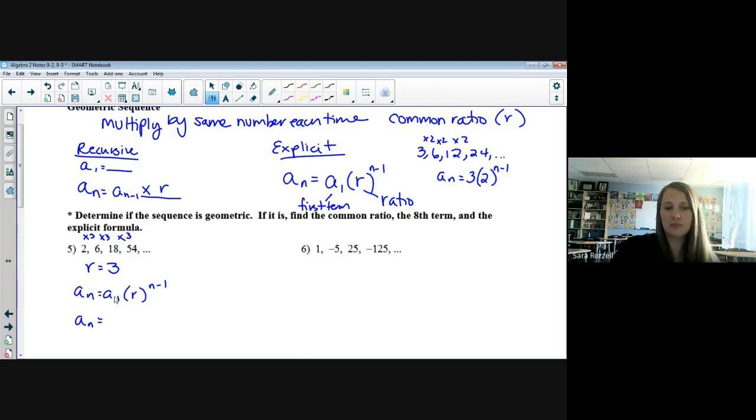You don't have to put the a in part, but just put this part in the chat. What's going to go after the equal sign? Yeah, our numbers are going to be 2 and 3. So 2 times 3 raised to the n minus 1.